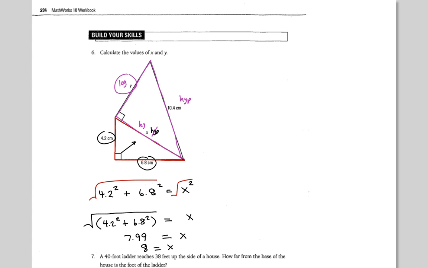So the relationship that exists in the purple triangle is 10.4 squared equals x squared, which we know is 8, plus y squared. So I need to subtract 8 squared on both sides. So I get 10.4 squared minus 8 squared equals y squared. And to solve this, square root.